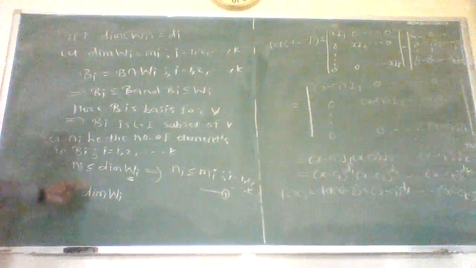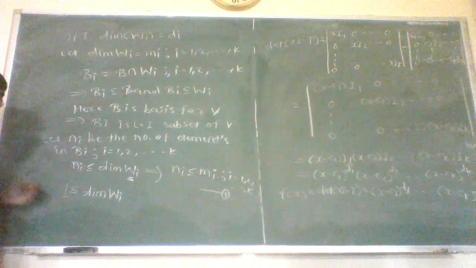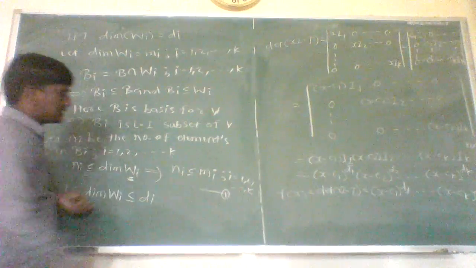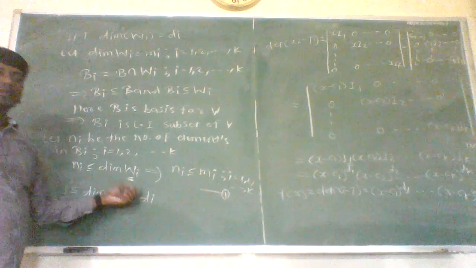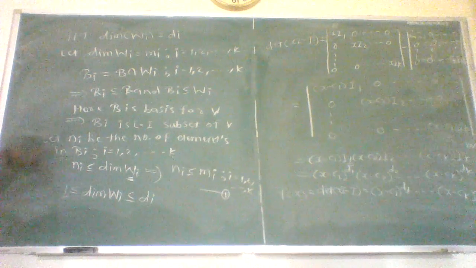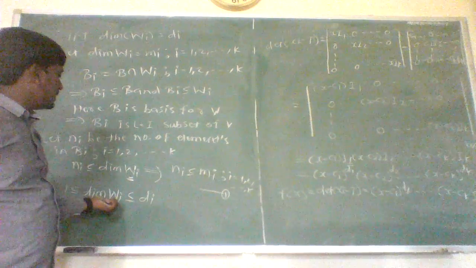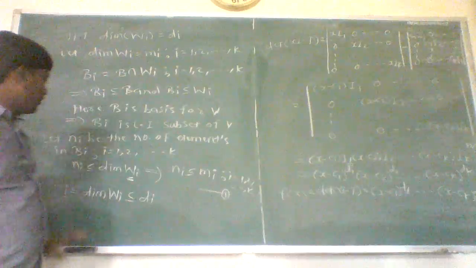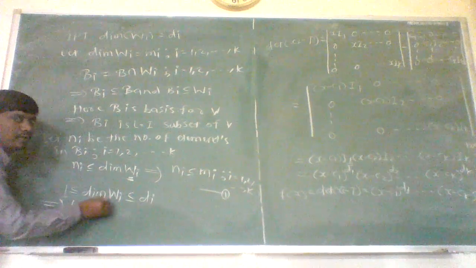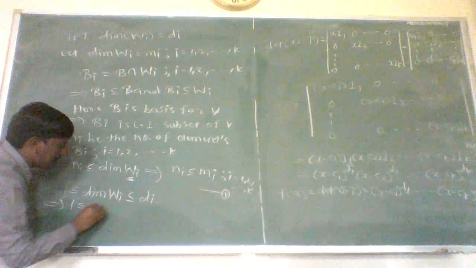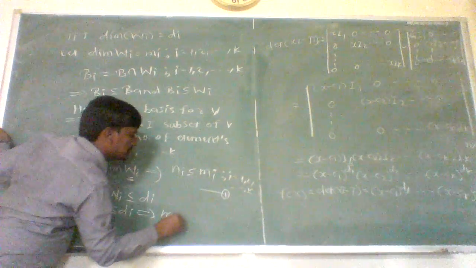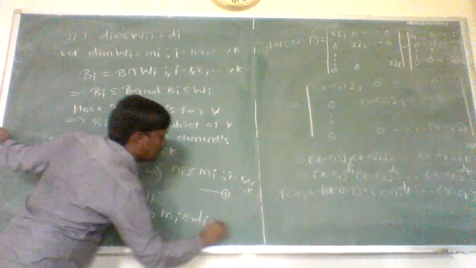And the dimension of Wi is less than or equal to di, since each ci is repeated di times, so the dimension of Wi is at most di. Which implies 1 is less than or equal to the dimension of Wi, and the dimension of Wi is nothing but mi. So mi is less than or equal to di.